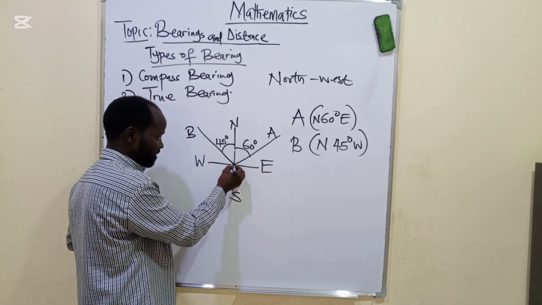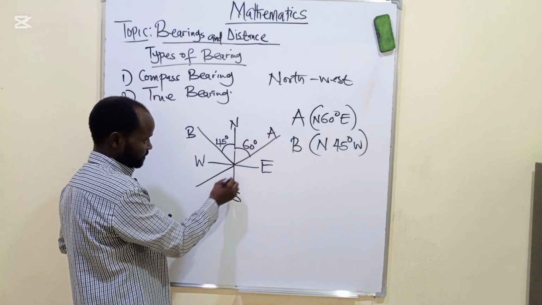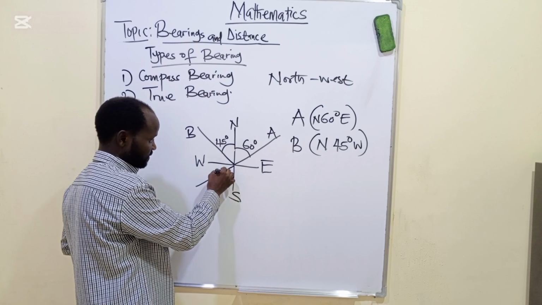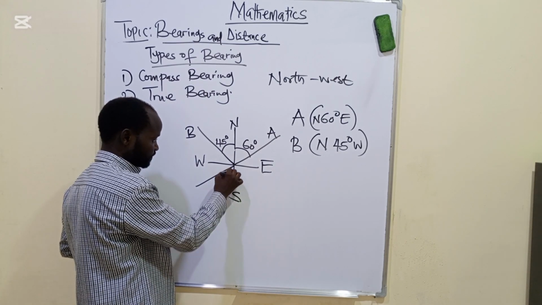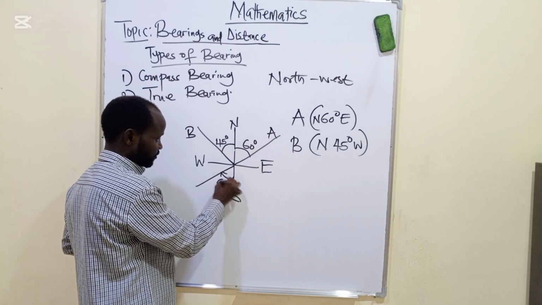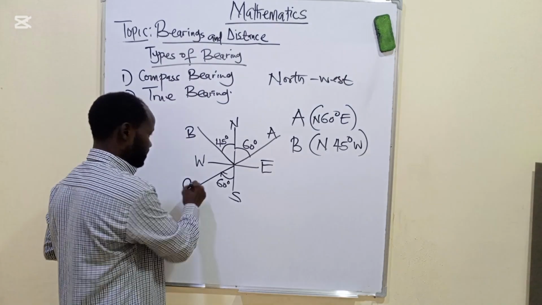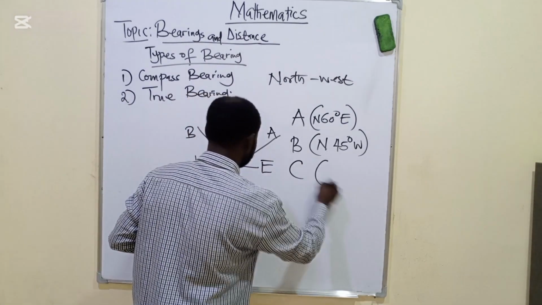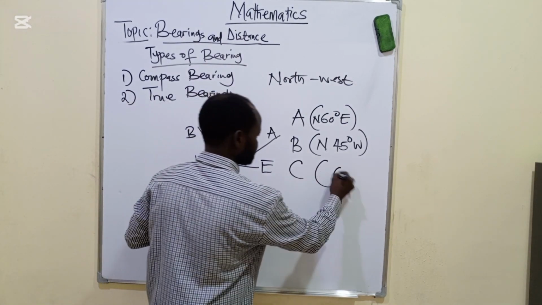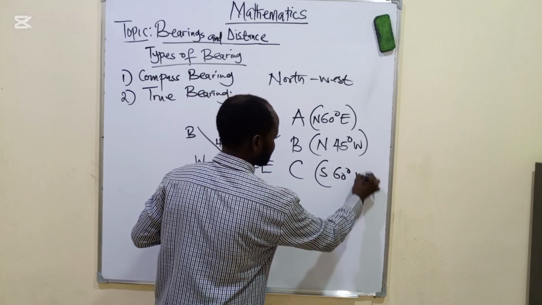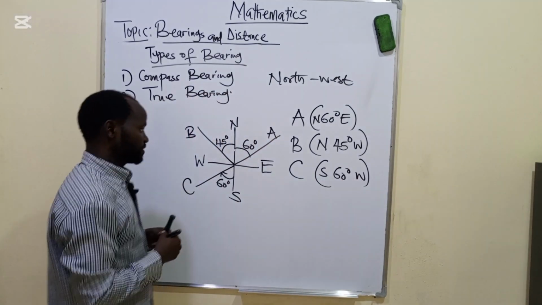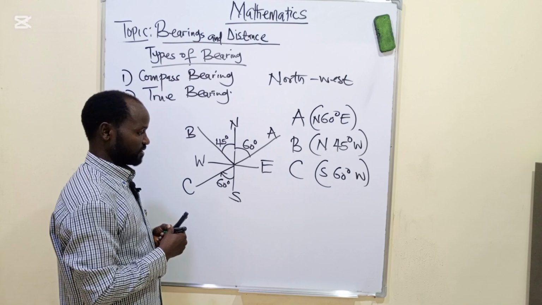Let's say, for instance, I have something like this. Maybe here is 60 degree, and let's say here is C. The bearing of C now will be 60 degree southwest. 60 degree southwest. Very important.